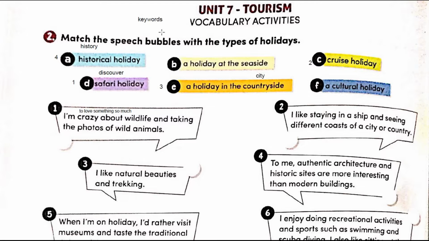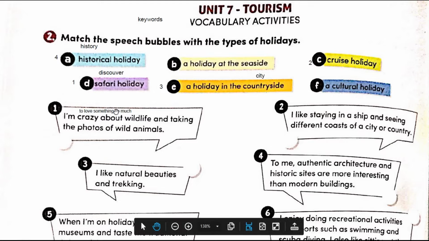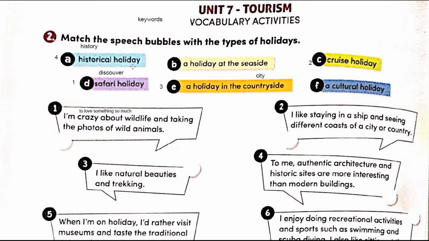Before we try to match these holidays, A, B, C, D, E, F, with definitions, we have to understand first some keywords that we need. What is a keyword? A keyword is a word that helps us to understand the meaning of something.